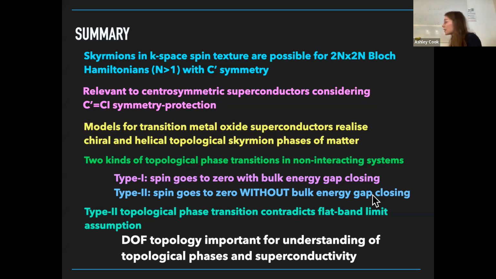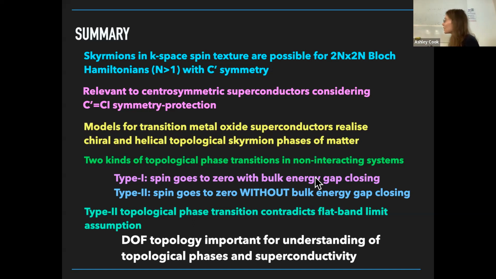Another interesting thing here is because of the crystal field splitting in the system, we don't have a quantized topological charge associated with the orbital angular momentum. It's actually unquantized.